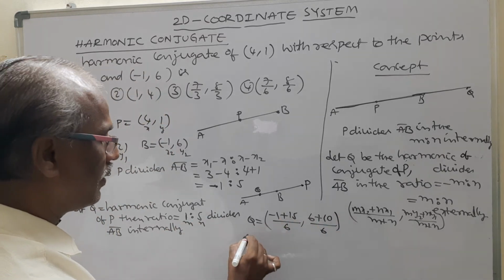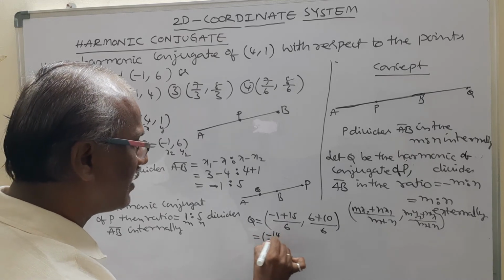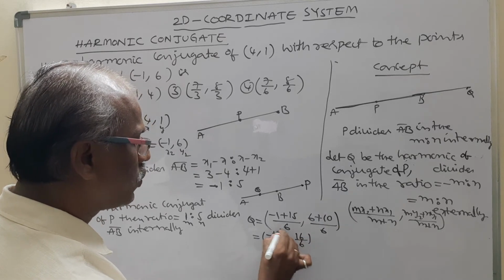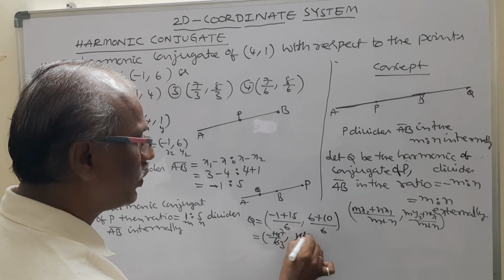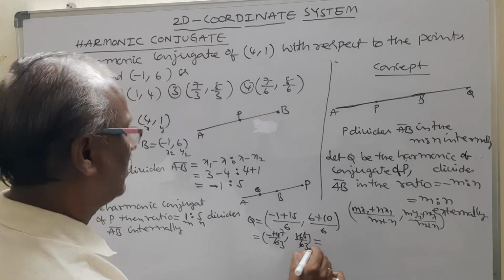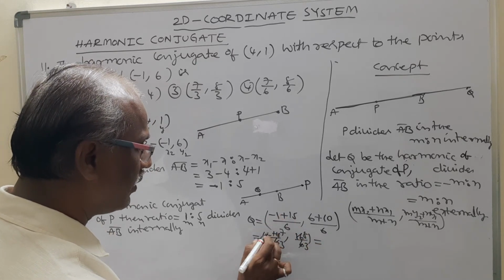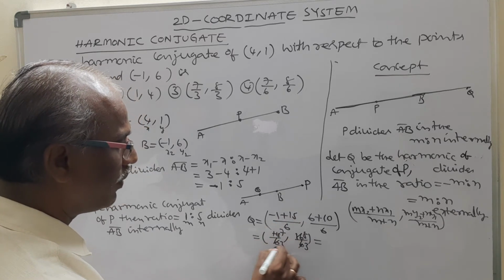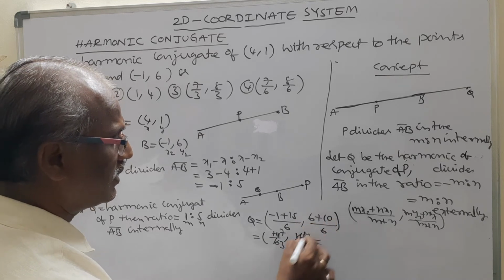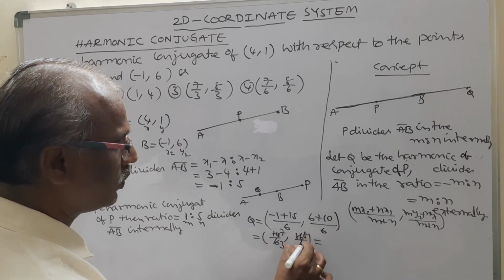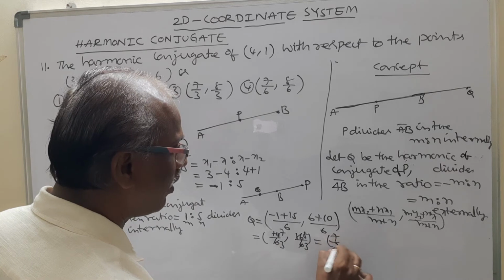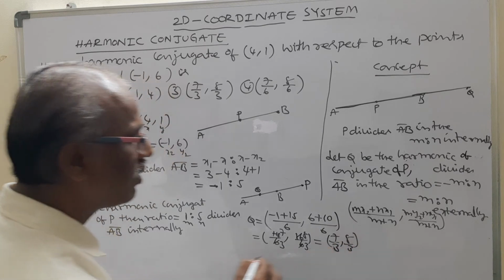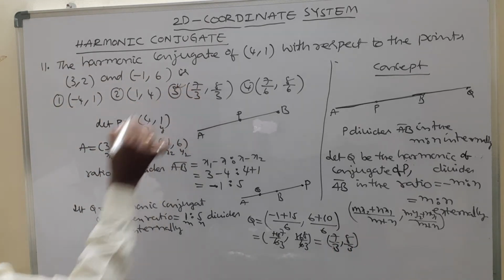So 6 plus 10 is 16 by 6, 2 8s are 16, 2 3s are 6, 8 by 3. So the point is (7 by 3, 8 by 3). This is the answer. Third option is correct.